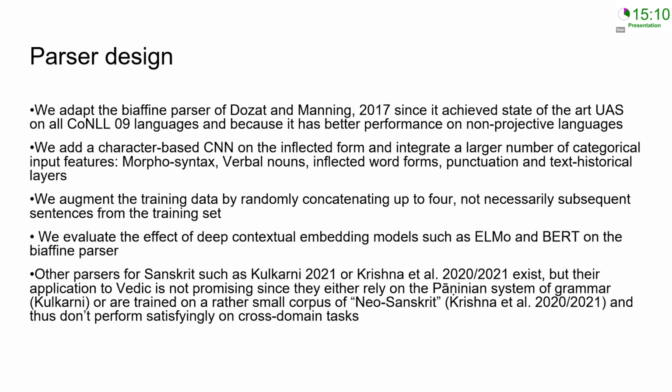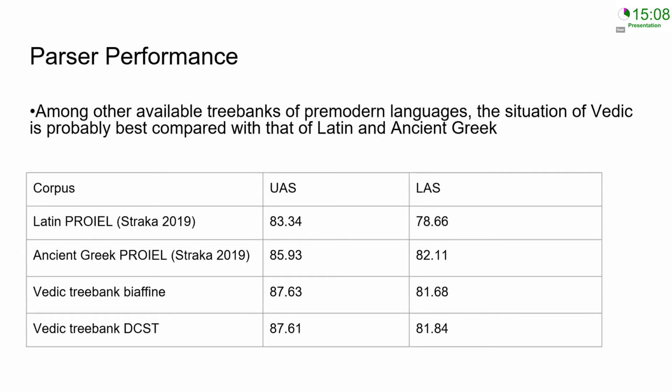Coming to the parser performance. Among other available tree banks of pre-modern languages, the situation of Vedic is probably best compared with that of Latin and Ancient Greek. In this table, we give the results from the PROIEL corpus for both languages, because the coverage of material within that corpus is most comparable to the Vedic tree bank regarding the temporal layers and so on.